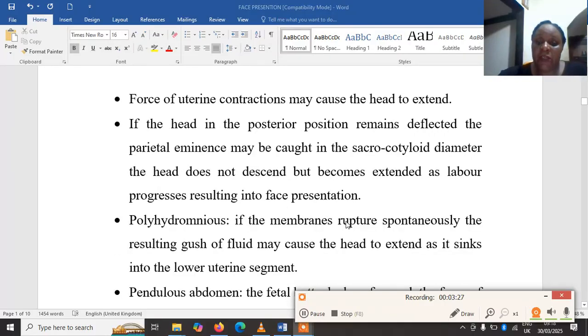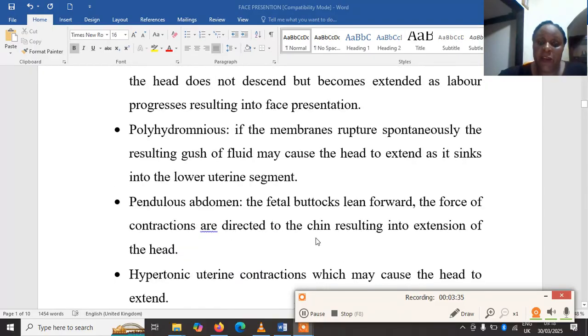Then polyhydramnios, that is, a spontaneous rupture, and that gush may cause the head to extend. A pendulous abdomen, when the fetal back leans forward and the force of contractions is directed to the chin, may result in extension of the head, leading to face presentation.